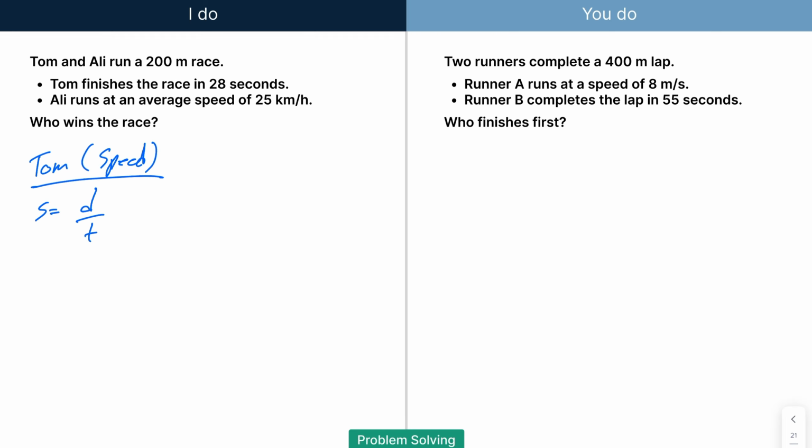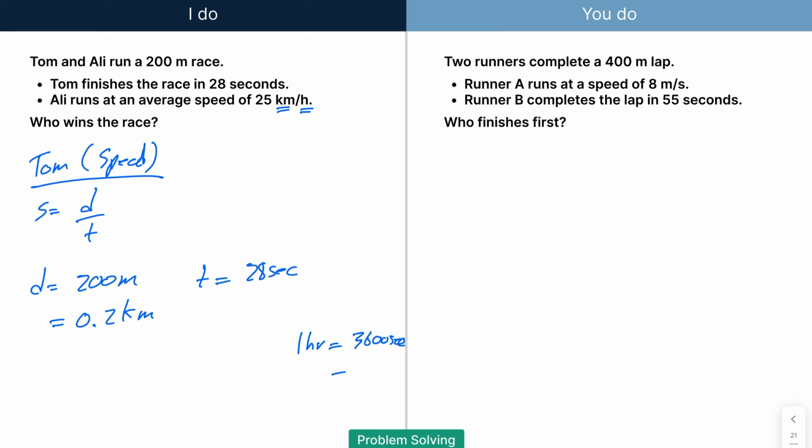Okay, and the units need to be the same. So the distance given in the question they've run is 200 meters. I'll convert that to kilometers. So that's fine. And with the time, Tom took 28 seconds. I just need to convert that to hours. So I know that 1 hour is 3,600 seconds.